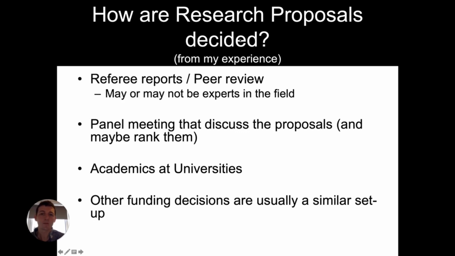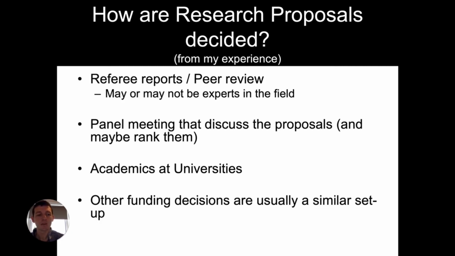How are research proposals decided? Who decides on which proposals get funded and which proposals don't get funded, or which proposals can go ahead and which proposals can't go ahead? On the academic research funding side, usually proposals that come in to apply for funds are sent out to referees for peer review.